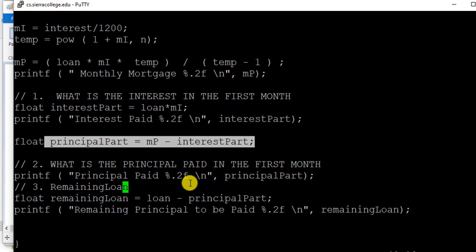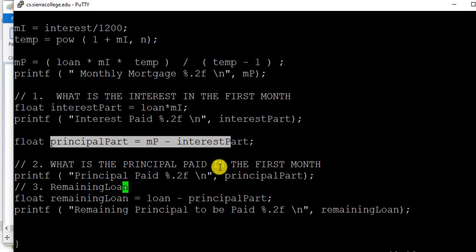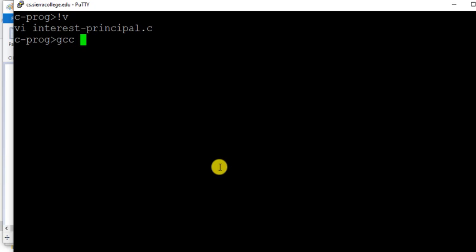I'll upload the video and the C program also. Go over this program and see what I'm doing, because you will be doing a homework to expand this program. Okay, so I'm going to compile it.